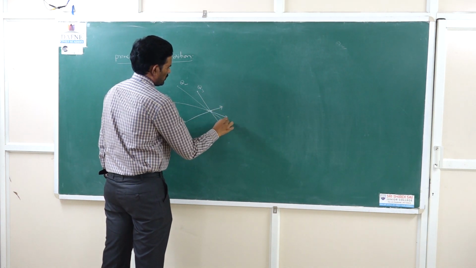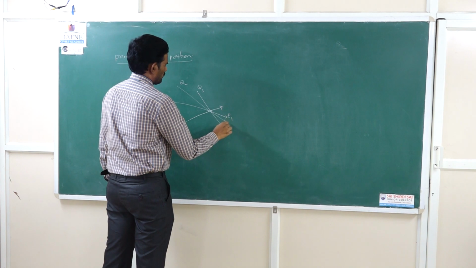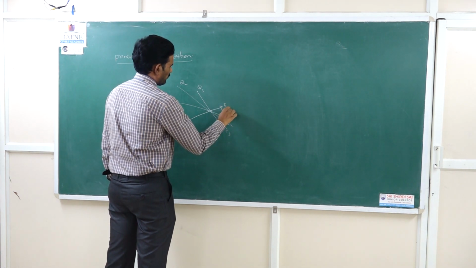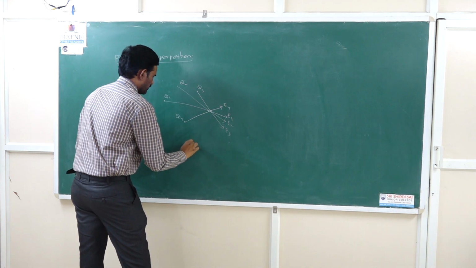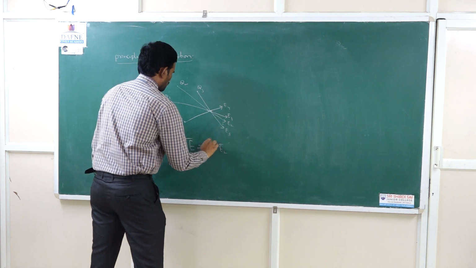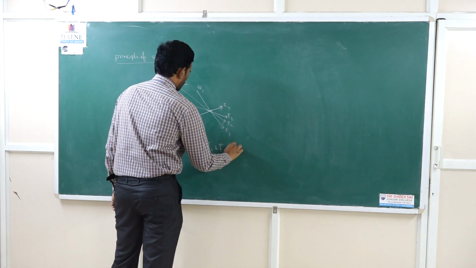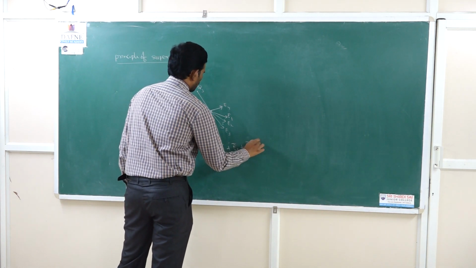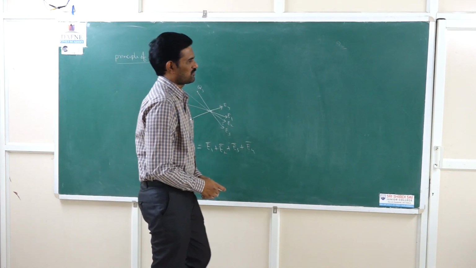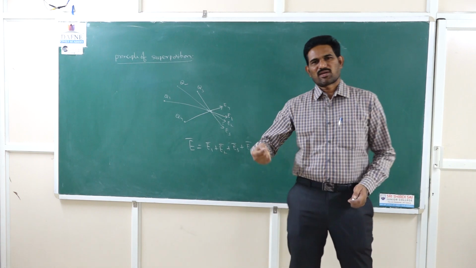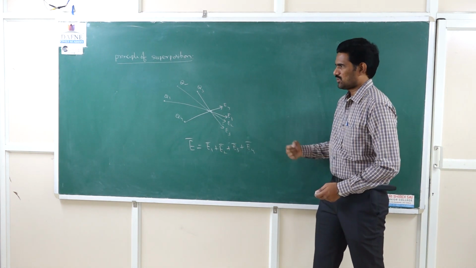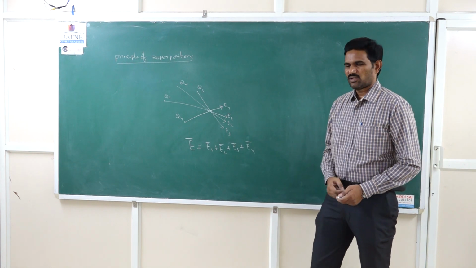Here I may mention the directions: this is E1, E2, E3 and this is E4. Then the resultant electric field at this point I can write as E1 bar plus E2 bar plus E3 bar plus E4 bar. If more charges are there in the distribution, you can add them as well. Like that we find the field strength due to individual charges and add them to get the resultant field at that point.